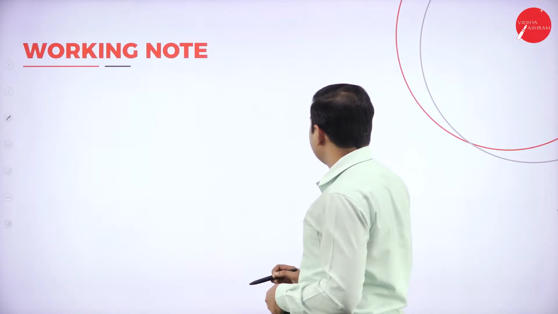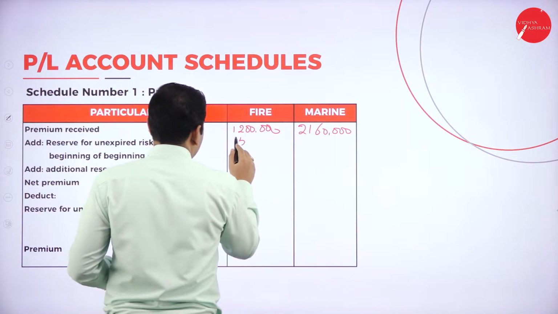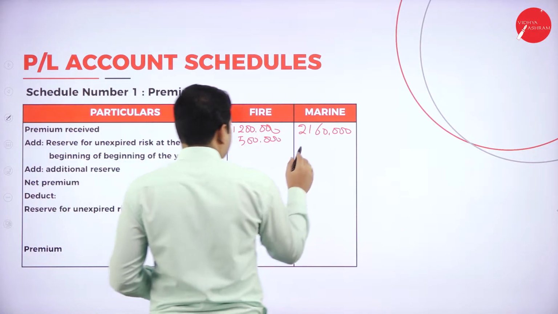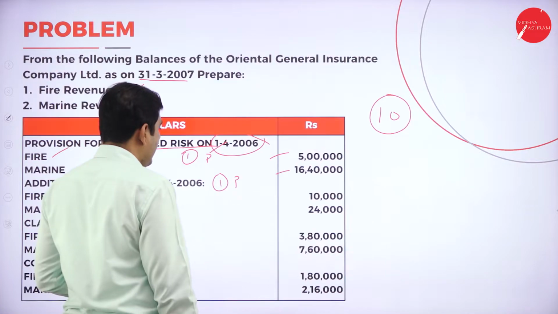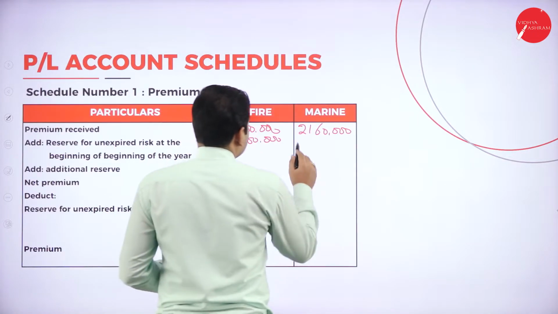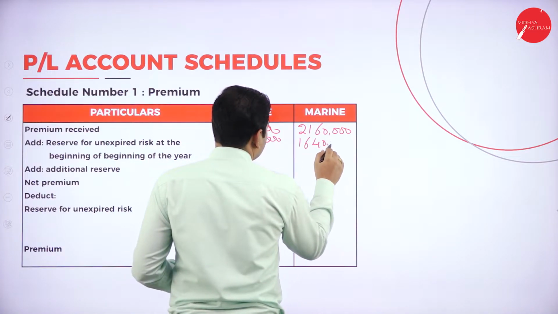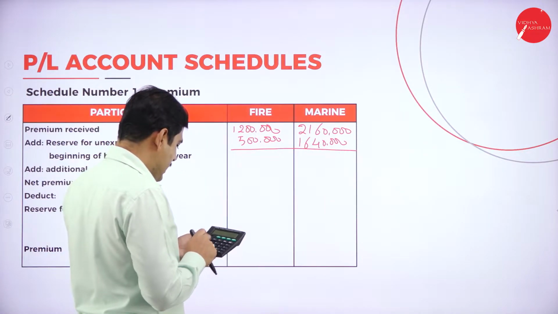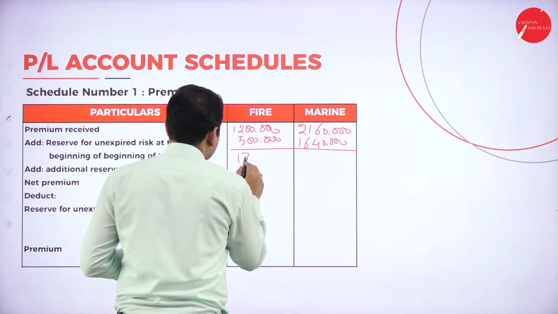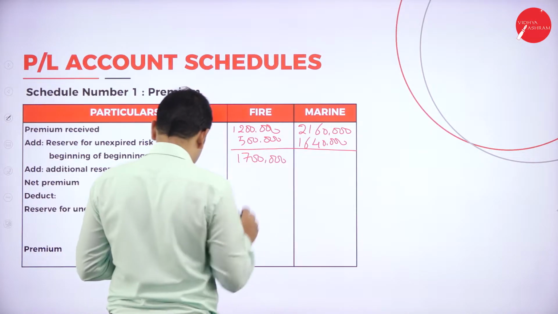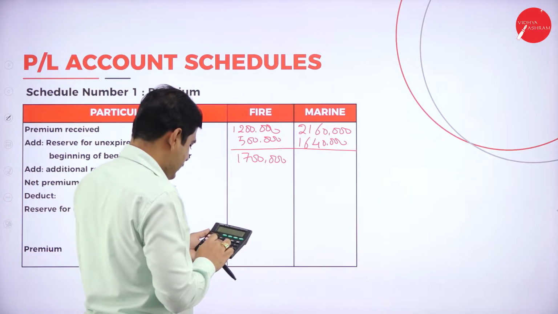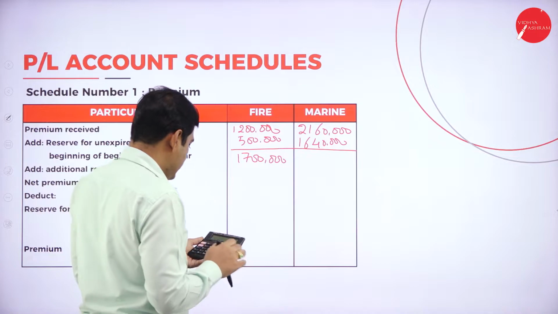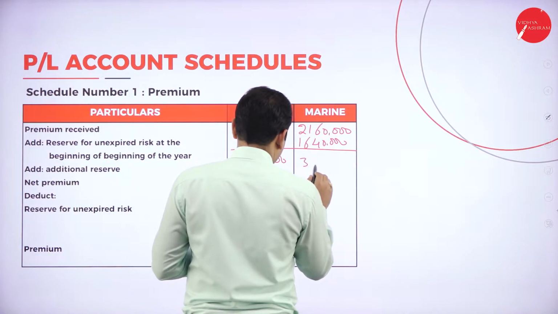So let's add this: 12 lakh plus 5 lakh, it is 17 lakh. Next one, 21 lakh 60,000 plus 16 lakh 40,000 is 38 lakh.